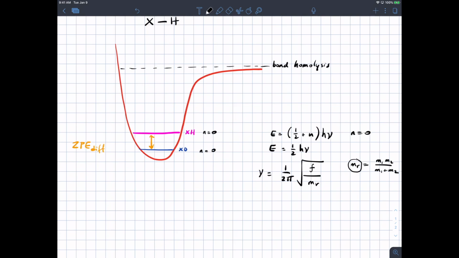In other words, this is complete bond breakage. We're going to use this as a way to define kinetic isotope effects, but understand that in reality, in transition states, bonds are rarely completely broken. So what we've mentioned is the limiting case, and our actual observations are going to be somewhat less than this.